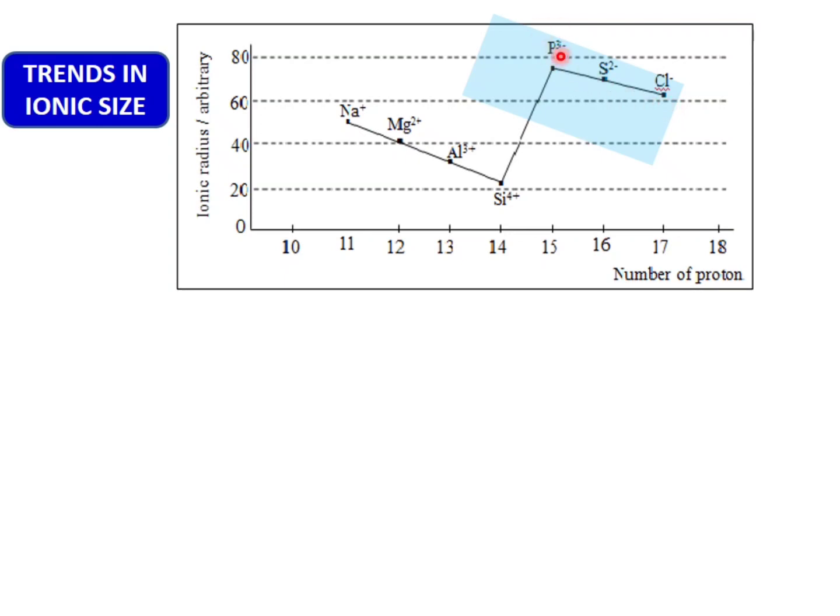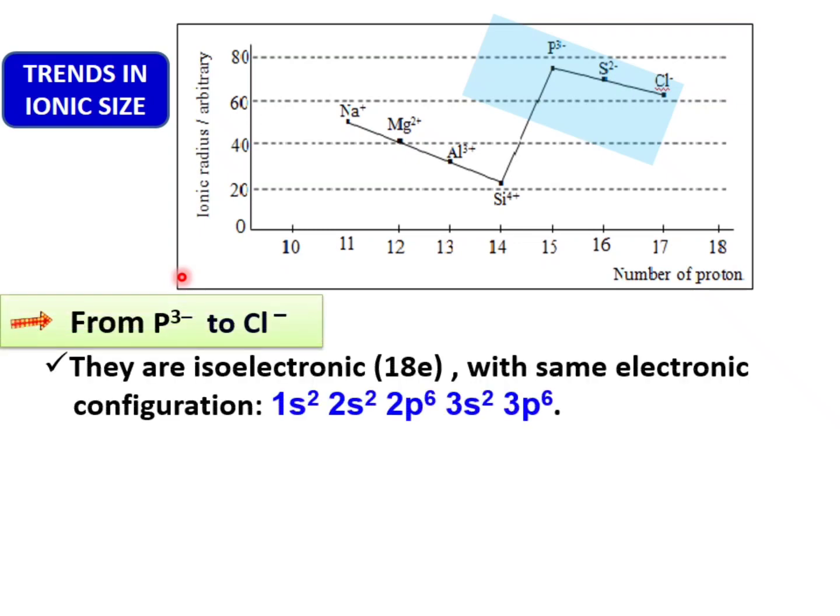Why, starting from phosphorus, does it decrease until chlorine? So this is the reason. Phosphorus, sulfur and chlorine ions are isoelectronic because all three ions consist of 18 electrons with the same electronic configuration. This is what I wrote earlier.